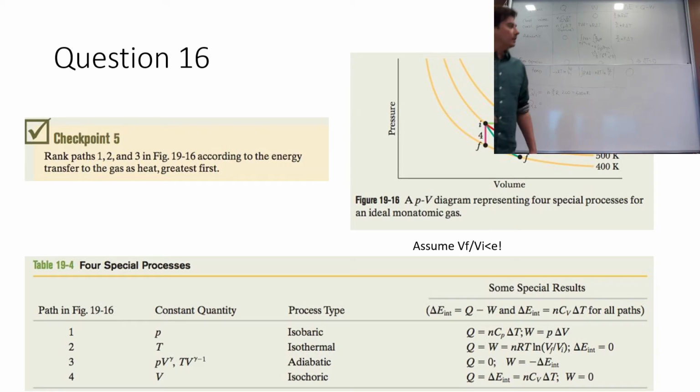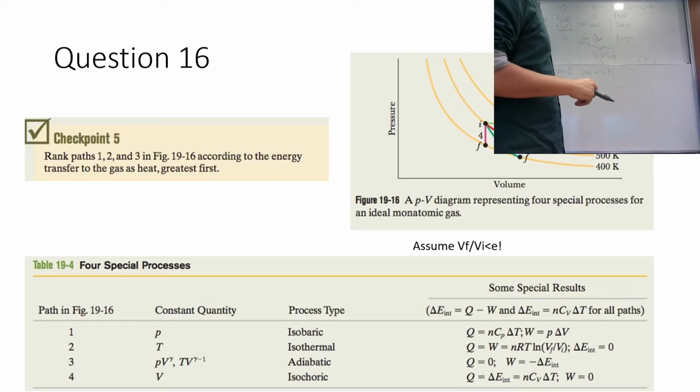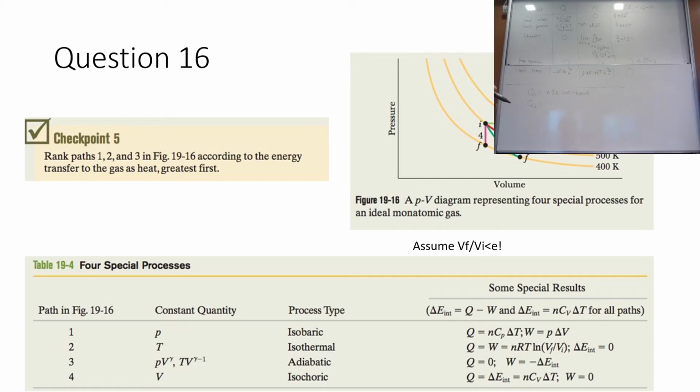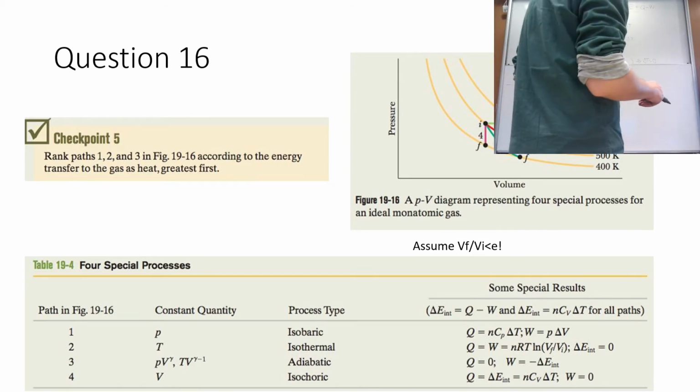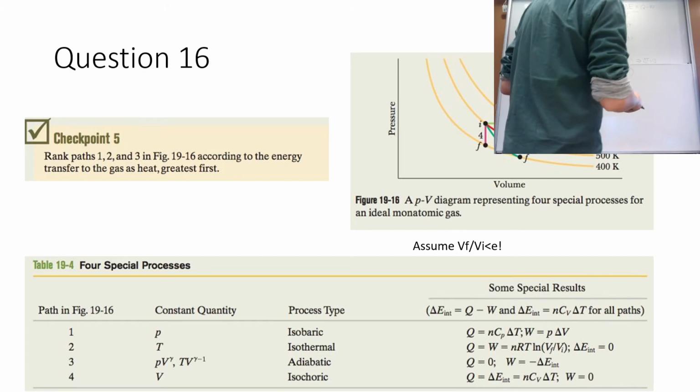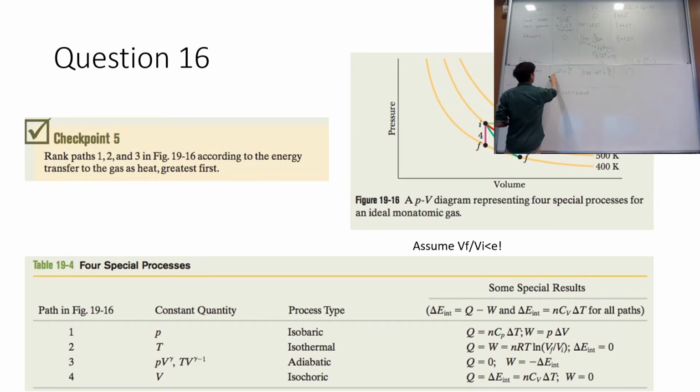Q2 is an isothermal process. So we can look at our isothermal formula. So it's basically this one. Hold on, did I put the signs right here? Oh, sorry, not minus, plus.